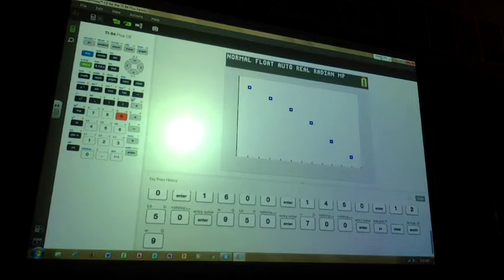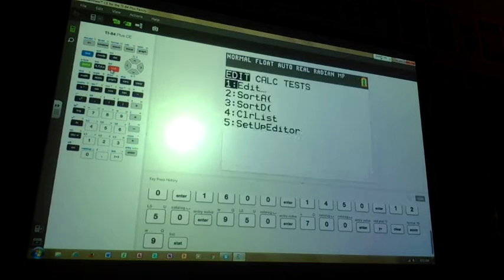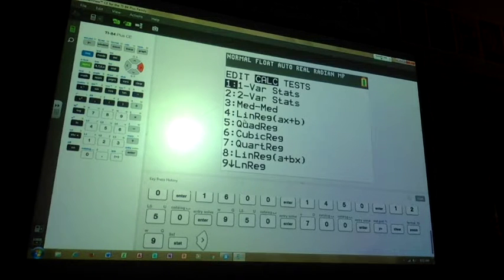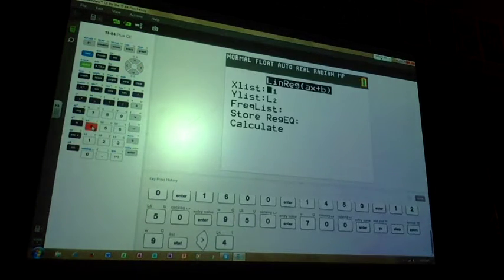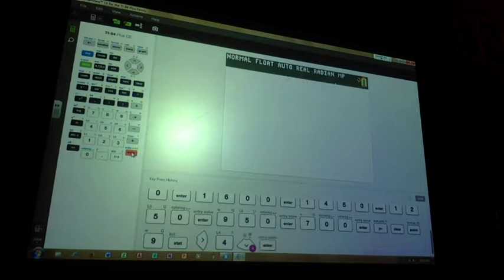Okay? So here, I gotta remember, stat, calculate. I want the linear regression, number 4. I'm going to use list 1, list 2. Calculate it.